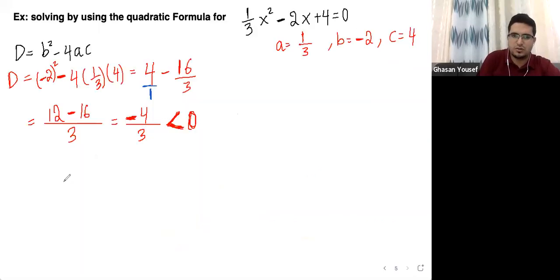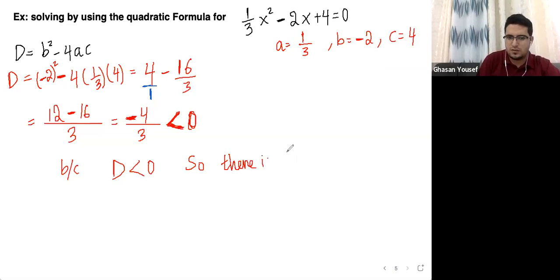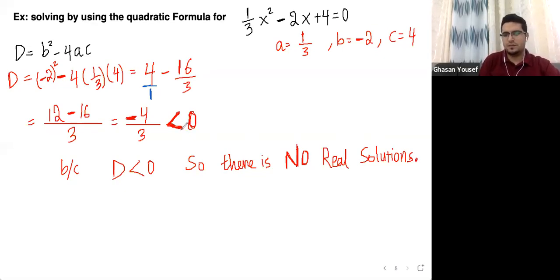So because d is less than 0, there is no real solution. We stop here. We cannot move on and use the formula.